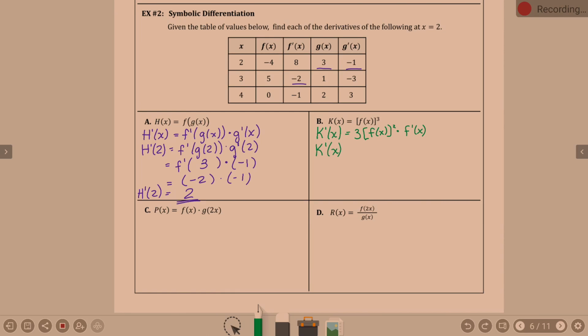Whoops. I wrote k prime of x again, but what are we plugging in? K prime of 2. So 3 times f of 2 quantity squared times f prime of 2. Three times f of 2 squared times f prime of 2.